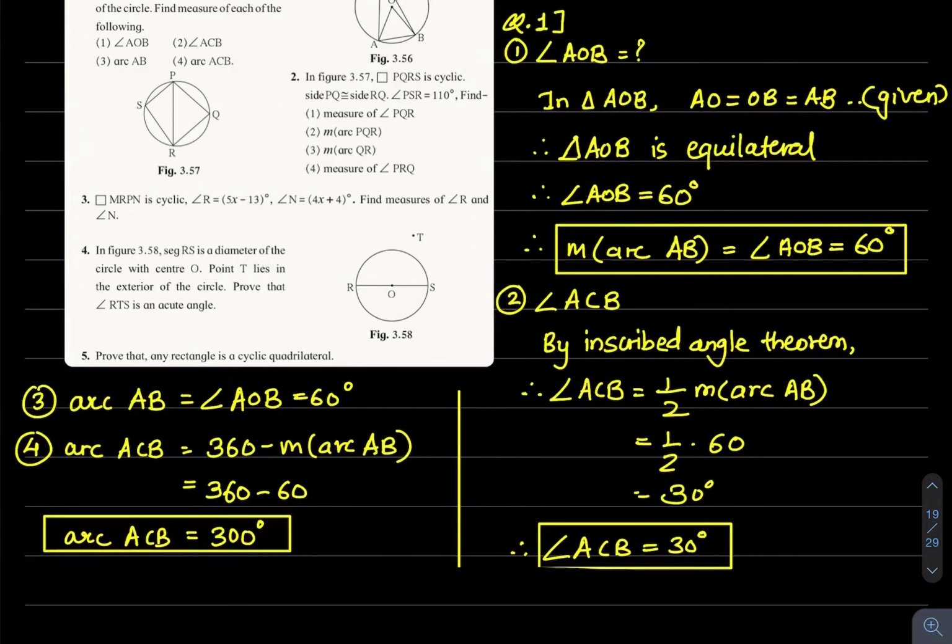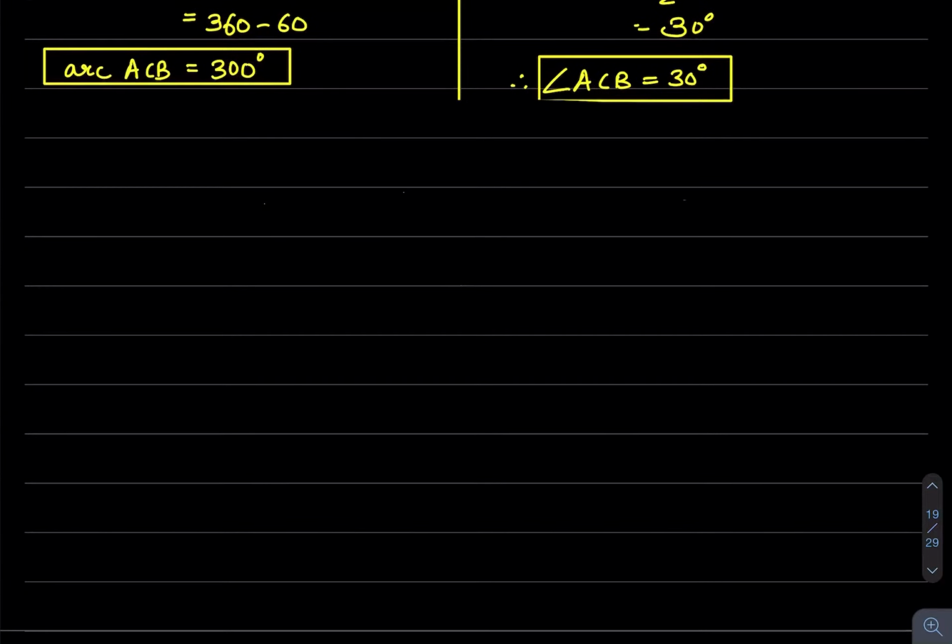For the second question, in figure 3.57, quadrilateral PQRS is cyclic. Side PQ is congruent to side RQ, and angle PSR is 110. So find the measure of angle PQR, then measure of arc PQR, measure of arc QR, and measure of angle PRQ. So we will draw the diagram here.